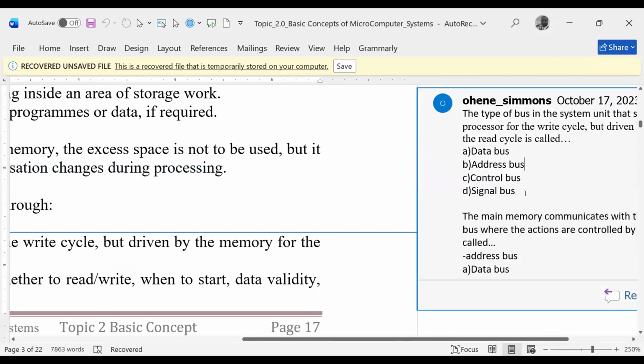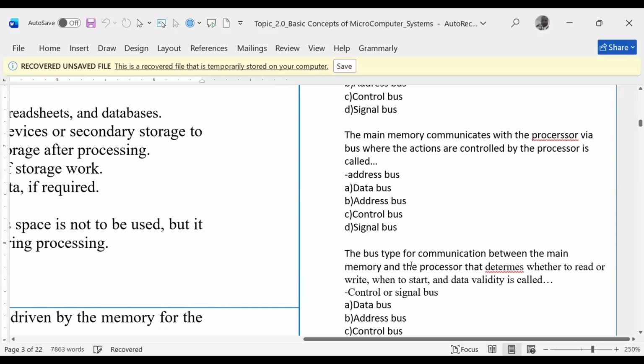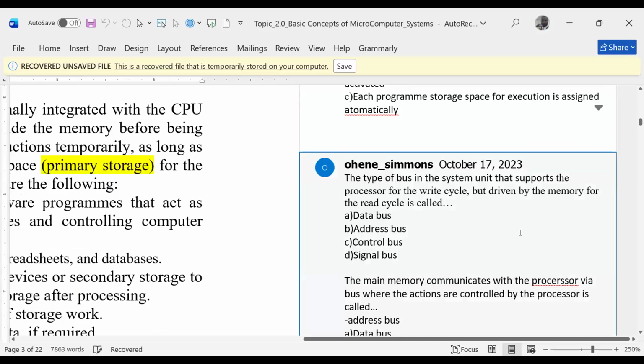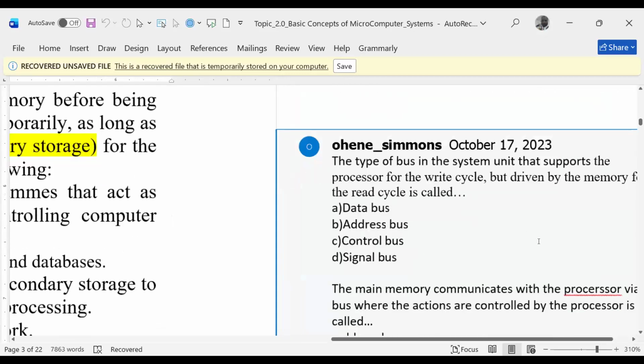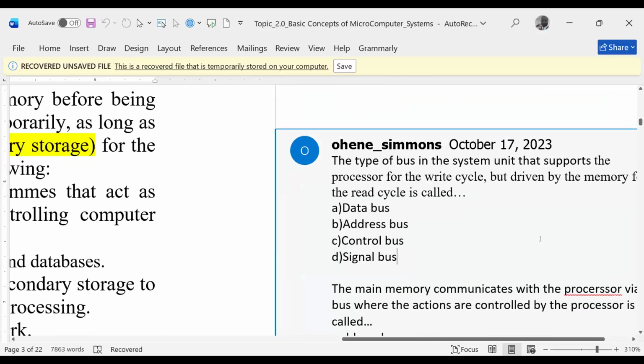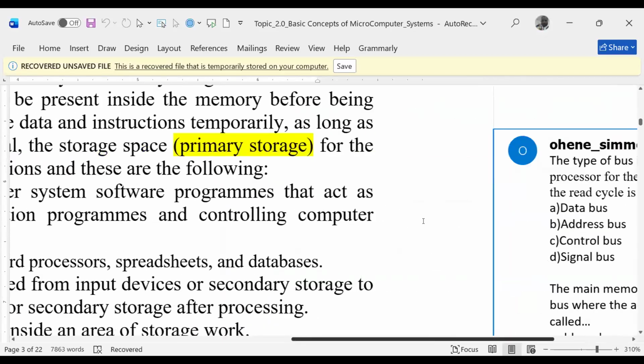Okay, so here we have understood the answer. So you agree the answer is what?